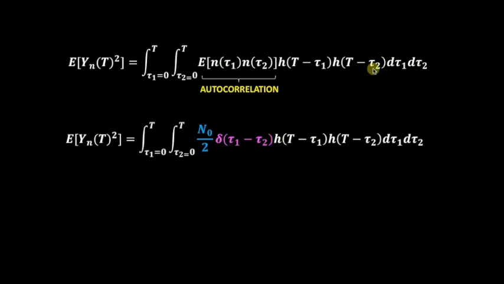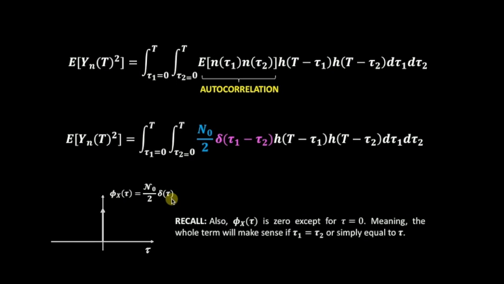Then just retain the other terms here. We all know that for the autocorrelation function of noise, the value at tau equal to 0 is n naught over 2 delta of tau.